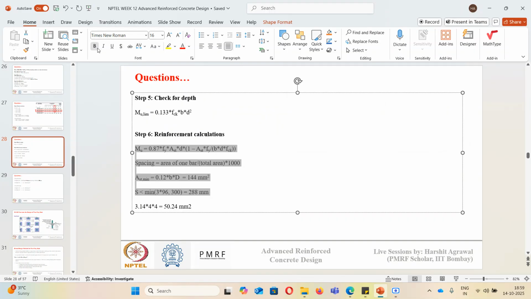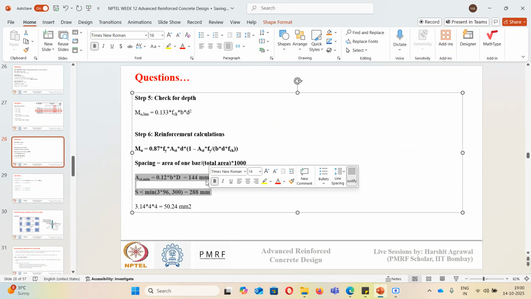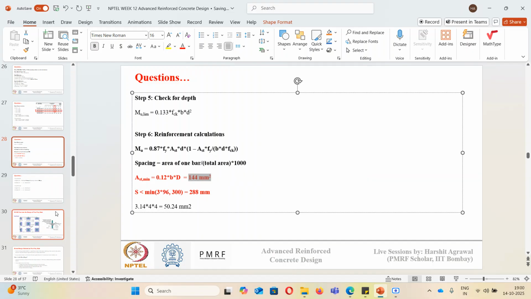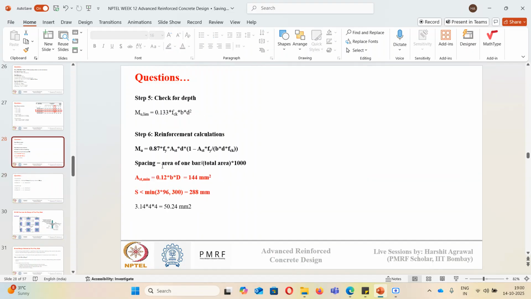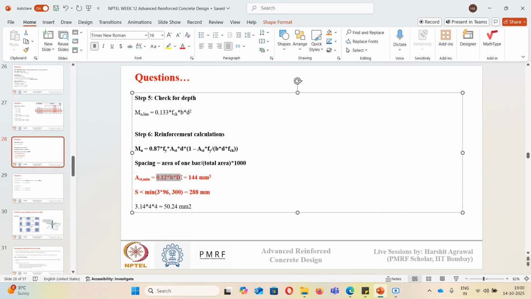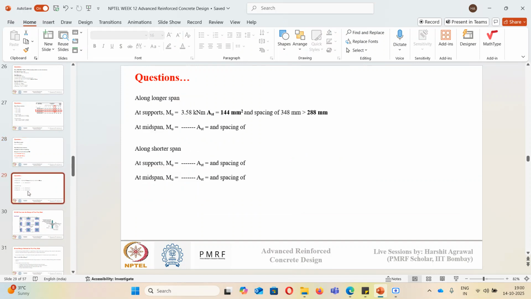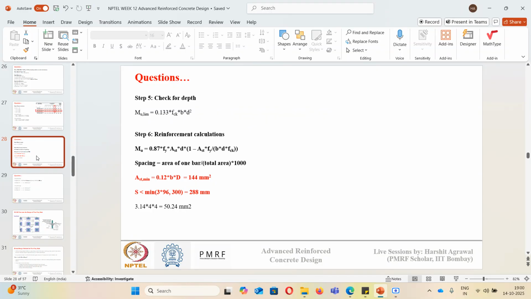In the exam, if the question comes, you need to take care of these two clauses, because the answer will have this also, and the area that you are determining also. Sometimes when we don't remember these clauses, our answer can be incorrect. So just remember these two clauses are very important when you are finally giving the spacing and the area calculation. These two can be tricky in exam questions.